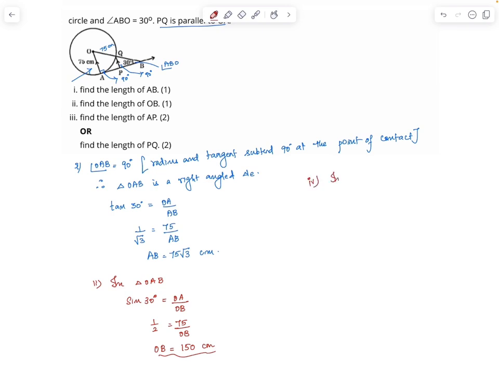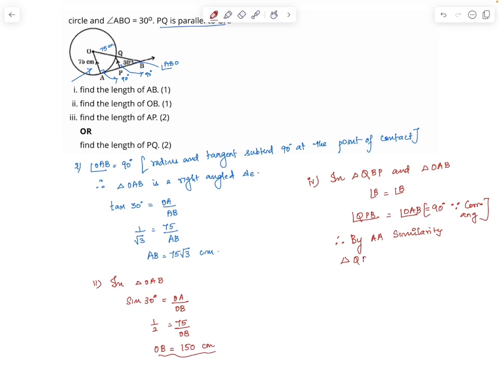I take the triangles QBP and OAB. Angle B is common in both and angle QPB is equal to angle OAB. Both are equal to 90 degrees, since they are the corresponding angles. Therefore, by AA similarity, triangle QBP is similar to triangle OAB.